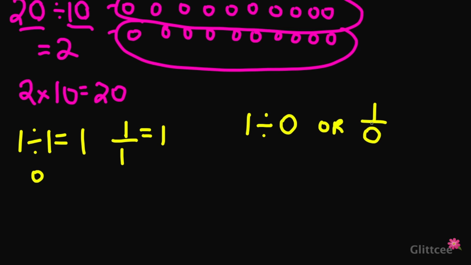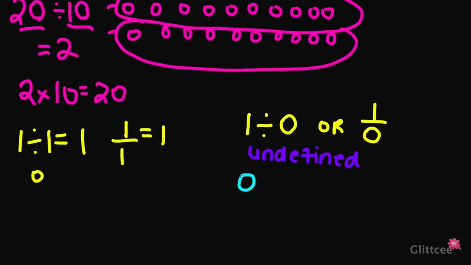This is undefined. 1 divided by 0 is undefined. What do I mean by undefined? Meaning indefinite, meaning that there's no fixed limits at all, because it's 0. You have 1 divided by 0. You're trying to take 1 and separate it into 0 groups.